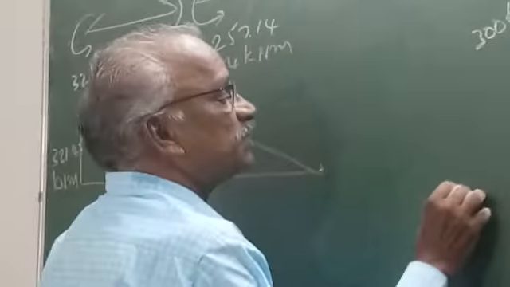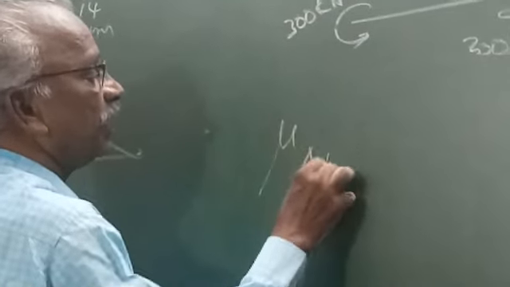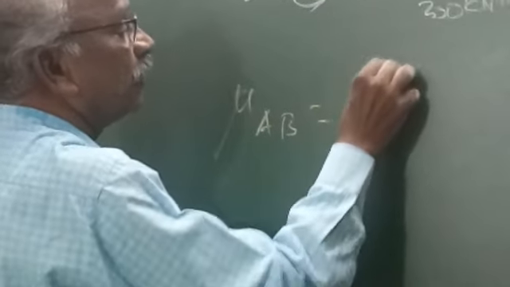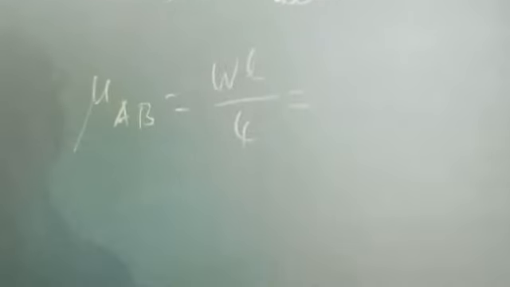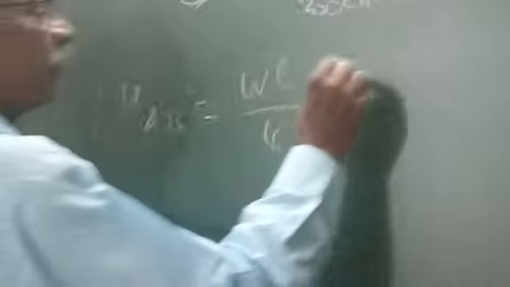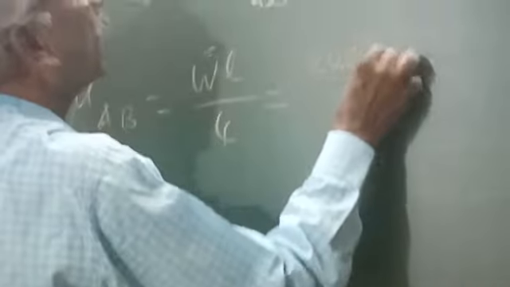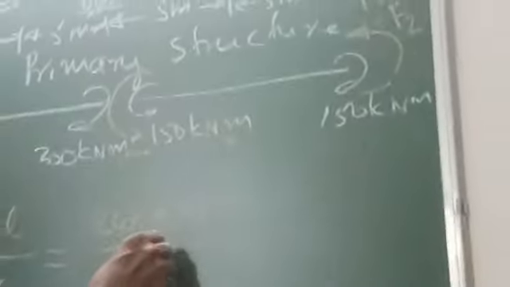Now the first span is subjected to the central load. You have to find out the simply supported moment. M0 AB equals WL by 4. Bending moment for a simply supported beam subjected to central concentrated load equals 240 into 10 by 4. 240 means 60 into 10, equal to 600 kilonewton meter.